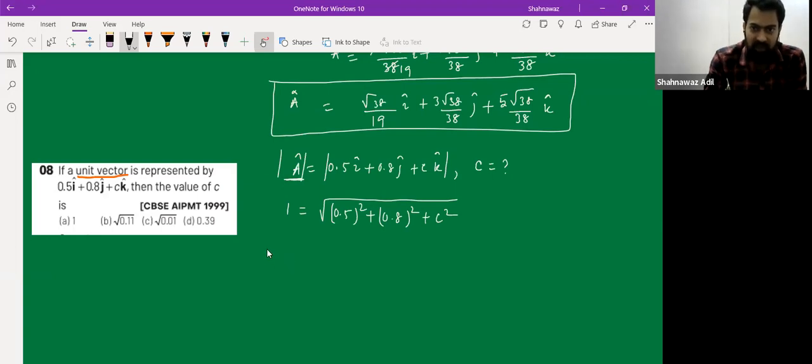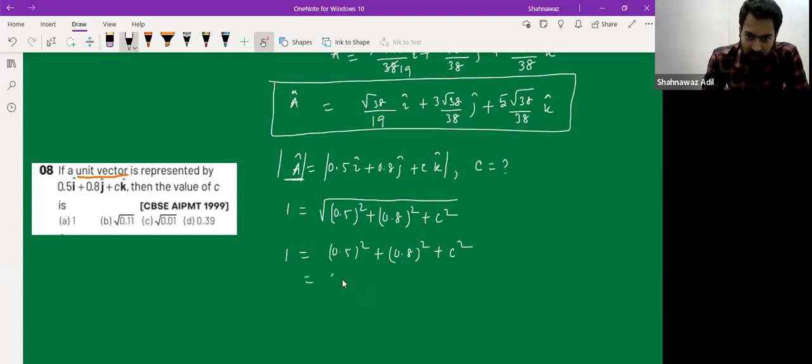Understood this point? Yes. So now we can square. By squaring we get 0.5 square, 0.8 square and c square. So this would be 0.25, this would be 0.64, and this would be c square.